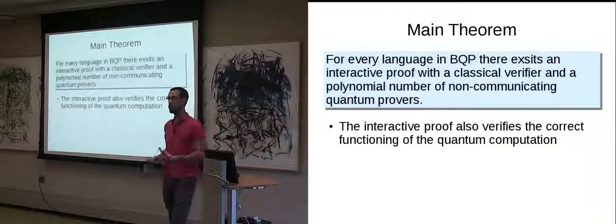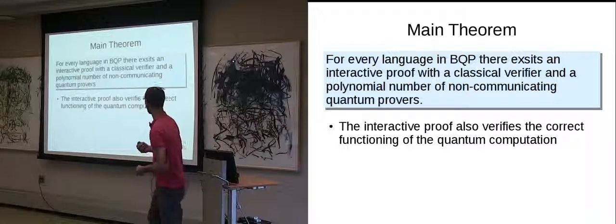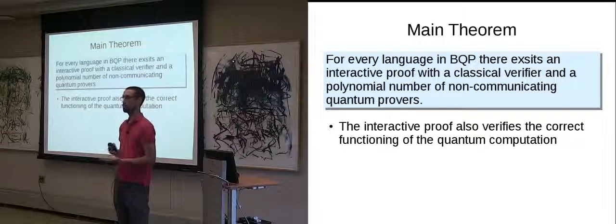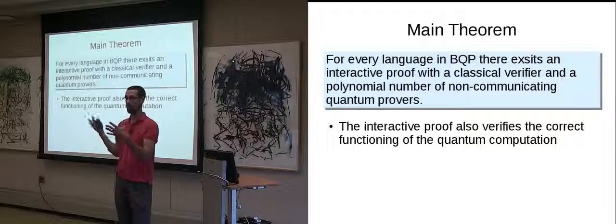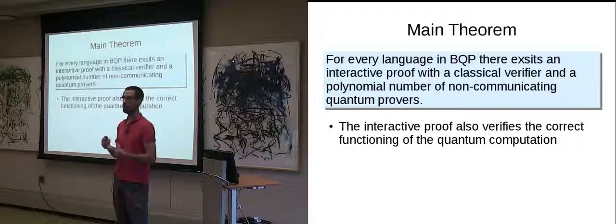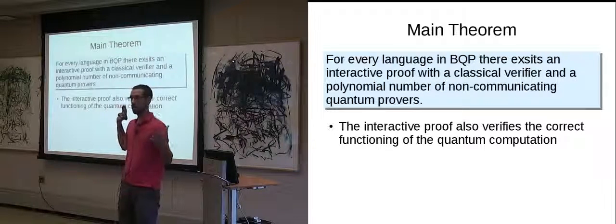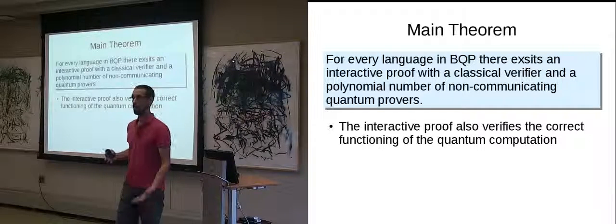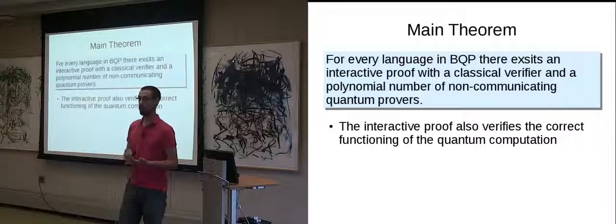Additionally, we get this property, which is what you were asking about, which is that the interactive proof not only certifies that the input is in the language, but it also proves that the computation was done according to the algorithm that we asked it to be done. So it's not as though perhaps a classical computer could simulate the quantum computation. We actually know that it was a quantum computation, and it was a particular quantum computation that we asked it to do.